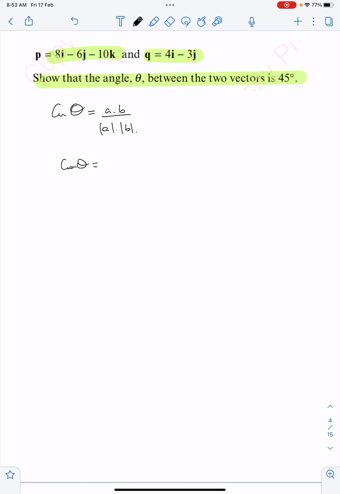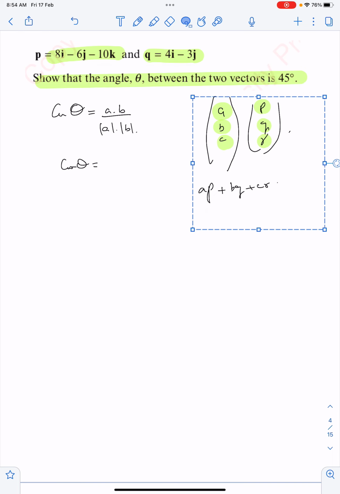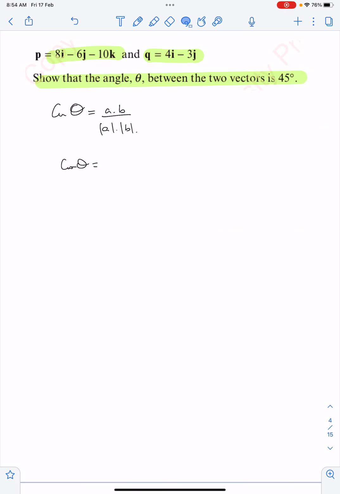First of all, how do we get the dot product? For instance, if this is a, b and c, and this is p, q and r, the dot product is the result of multiplying the i component plus the j component plus the k component. So ap plus bq plus cr in this particular case. It's always going to be like this. Now I'm going to get the dot product.